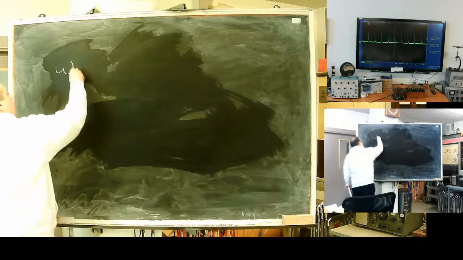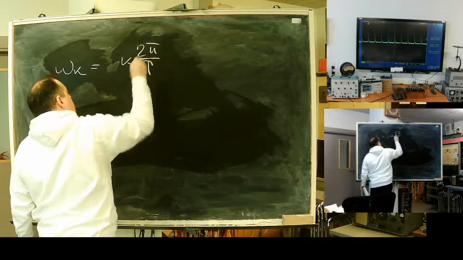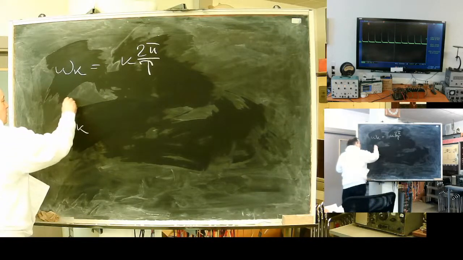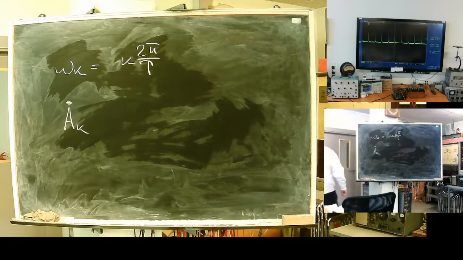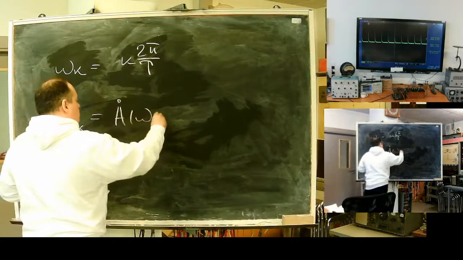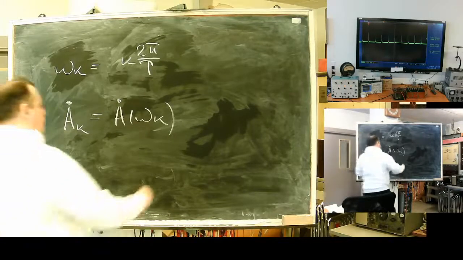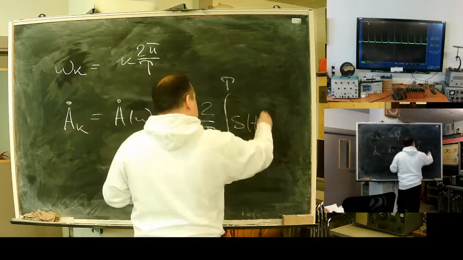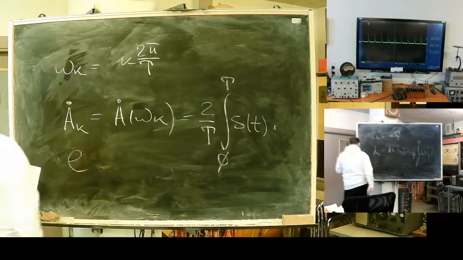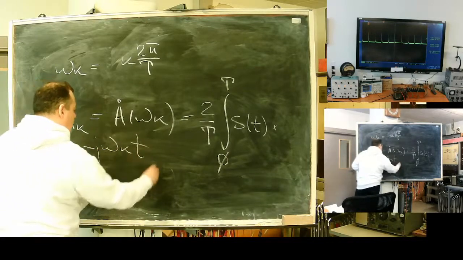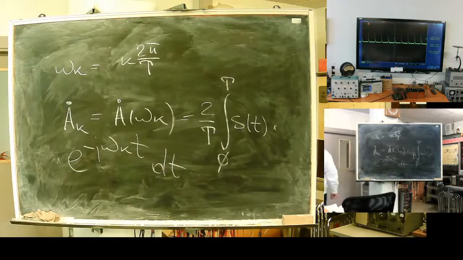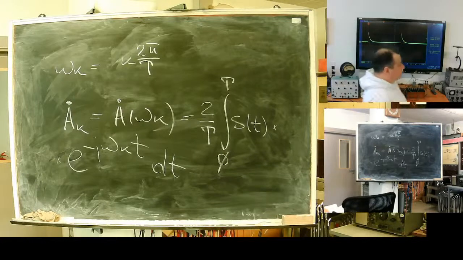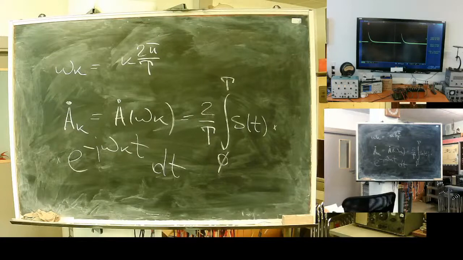I will mark omega k as a frequency, and the complex amplitude of the harmonic number k, at frequency omega k, will be: I should integrate from 0 to the period my signal multiplied by exponent of minus j omega k t, and integrate in time. It's the classics of Fourier transform.